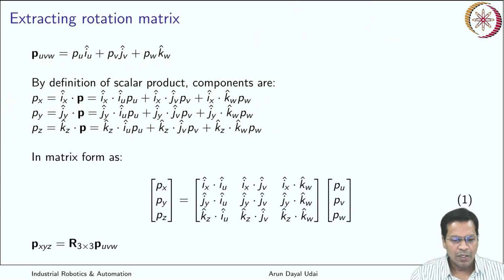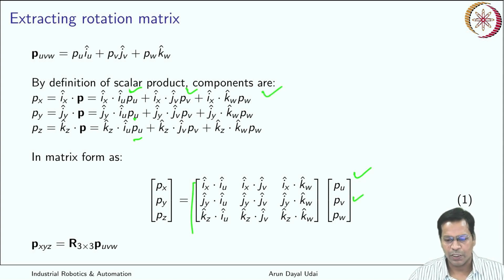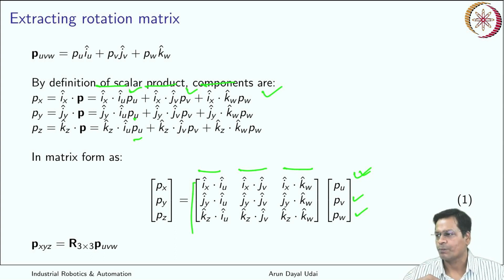If I write this in vector form, you see this is Pu, Pu, Pu, so all Pu will come here, and then Pv, Pv, and Pw, Pw. So ix·iu times Pu, ix·jv is here, ix·kw is here, and that is how I rearrange it in matrix form.